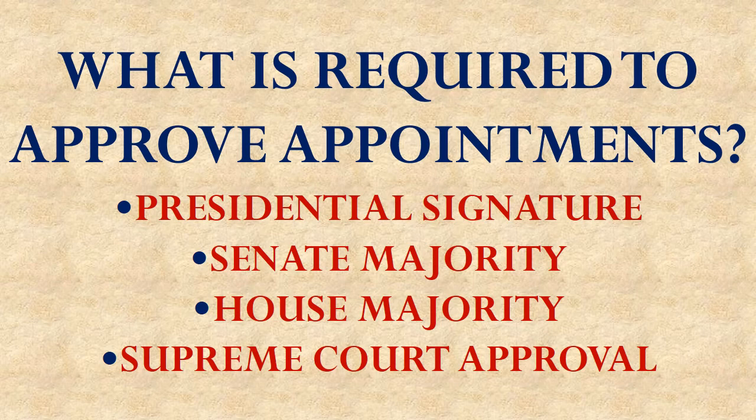Is it just the presidential signature? Is it a Senate majority, a House majority, or a Supreme Court majority for approval? The United States Constitution requires a Senate majority to approve the president's appointments. Remember, the way it's described today is that the president nominates somebody to some position, and then the Senate confirms them.